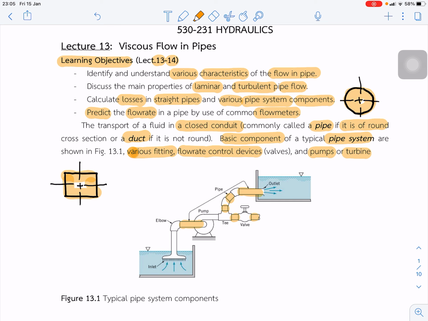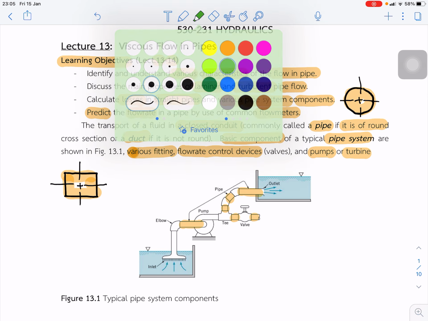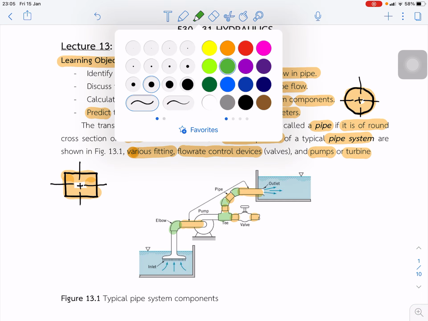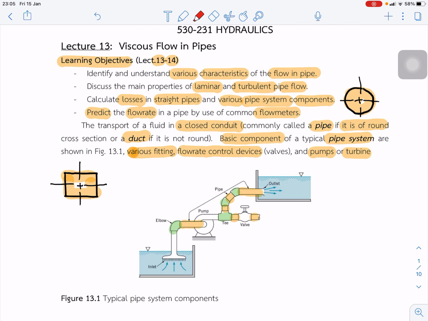And the other fittings are the elbow here, the T, and this is an elbow as well. And the other types are the pump and the gate here, and this is an inlet. And this is a pump. This is a part of the pipe system.